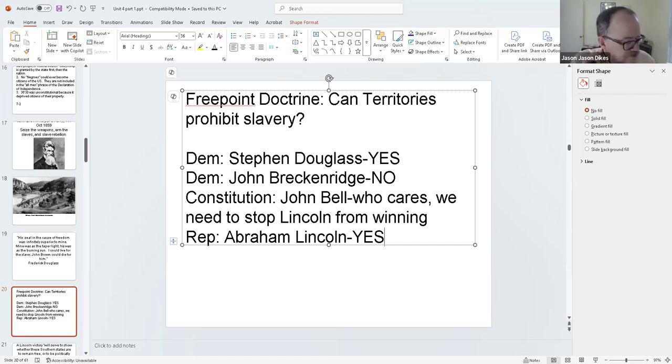Lincoln had many advantages. He had not held office since 1848, so he had no voting record to follow him.